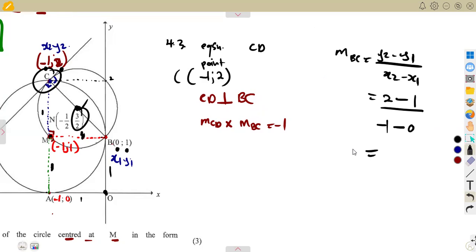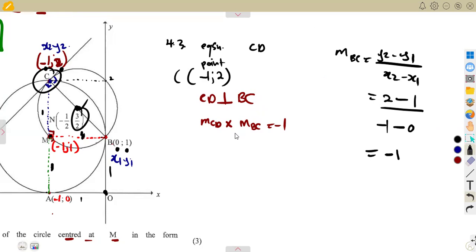So with the gradient of BC, because you are considering this to be the same throughout, this was going to be 2 minus 1 over -1 minus 0, which is going to be -1.